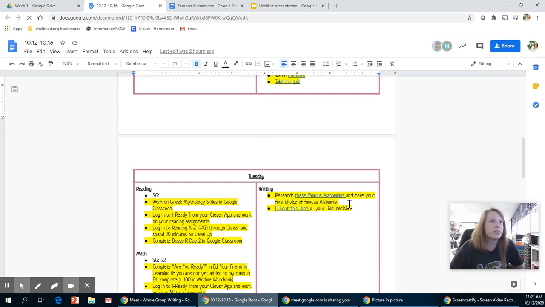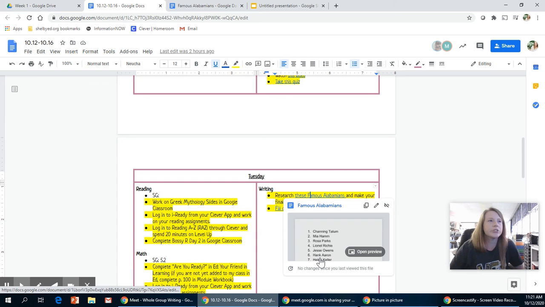Fill out this form of your final decision. So when you click on this, it's going to take you straight to that page that I just showed you. So it's all of the options. You need to go through that page and Google that person and see who they are, what they're famous for, whatever, and you decide if you would like to do your research on them or not.